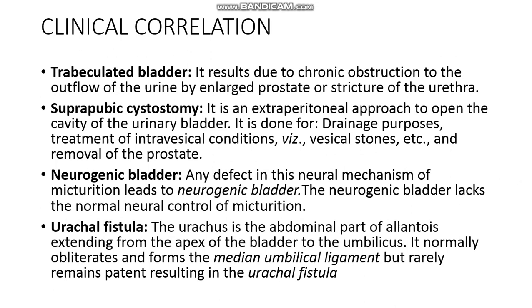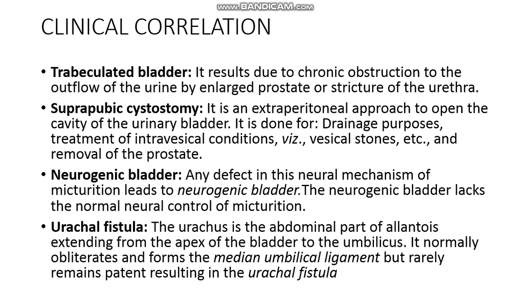Next we can discuss the clinical correlation, or some of the applied anatomy, of this bladder. First one, trabeculated bladder. In the introduction we discussed that the anatomy of the bladder has more clinical significance, as it is related to so many health problems.